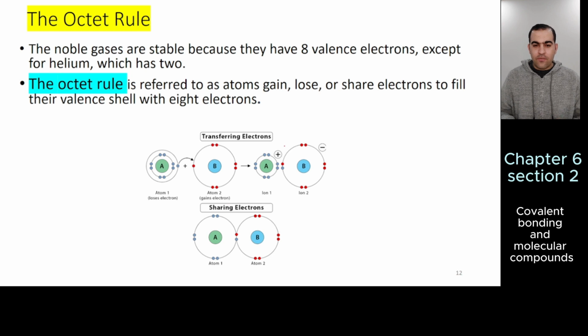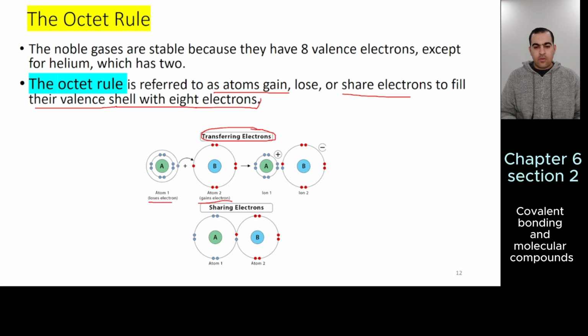The octet rule refers to how atoms are going to have 8 electrons in the last shell: by sometimes gaining, losing, or sharing electrons to fill their valence shell with 8 electrons. Here, look, sometimes by transferring electrons. For example, atom A loses an electron and the other one gains an electron.